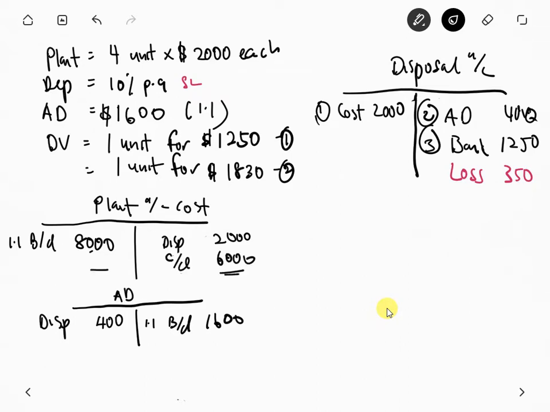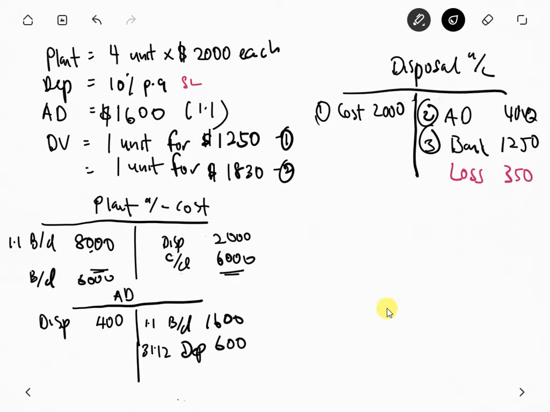1 unit is 2,000. Must I depreciate on the remaining asset? Yes. 10% straight line means 10% on cost. 600. Yeah. What's the double entry for depreciation? Debit depreciation, credit accumulated 600.